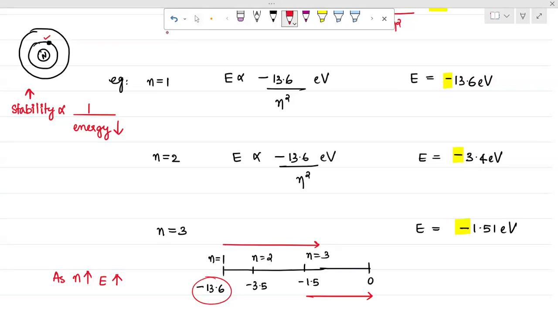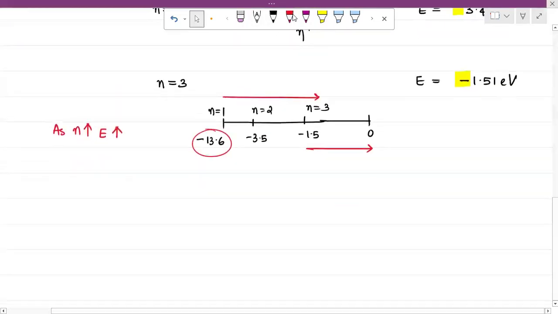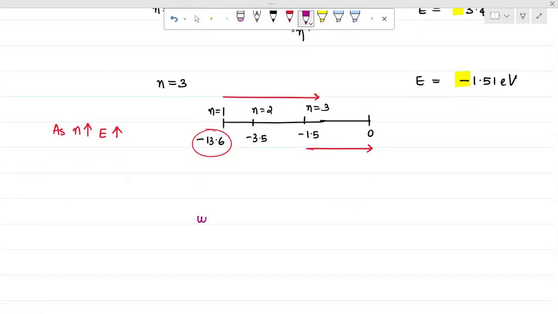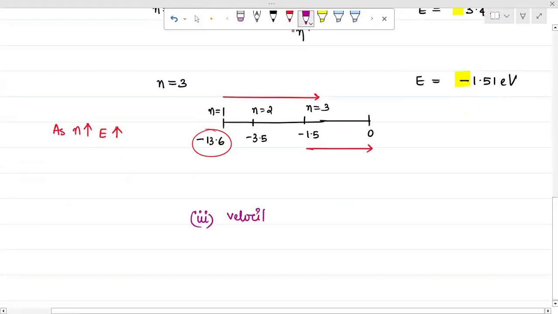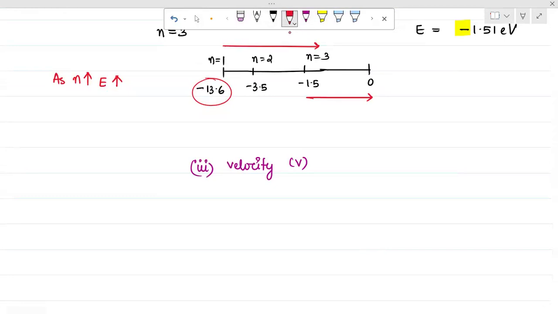So you get the idea of the radius, you get the idea of the energy, you also get an idea about the velocity with which it is moving. So let's say it is V, and V is proportional to Z by n, where Z is the atomic number and n is the principal quantum number.